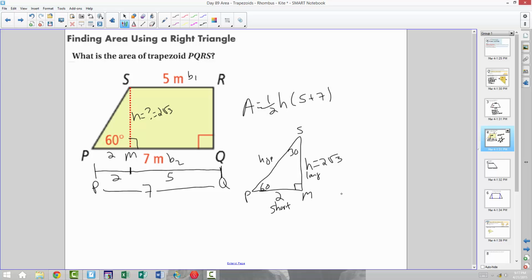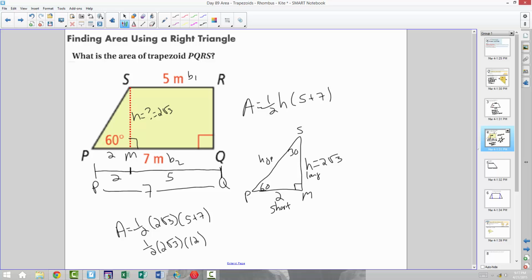So now I have my height, so I can finish up the area formula. Area equals half of 2 radical 3 times 5 plus 7. 5 plus 7 is 12.